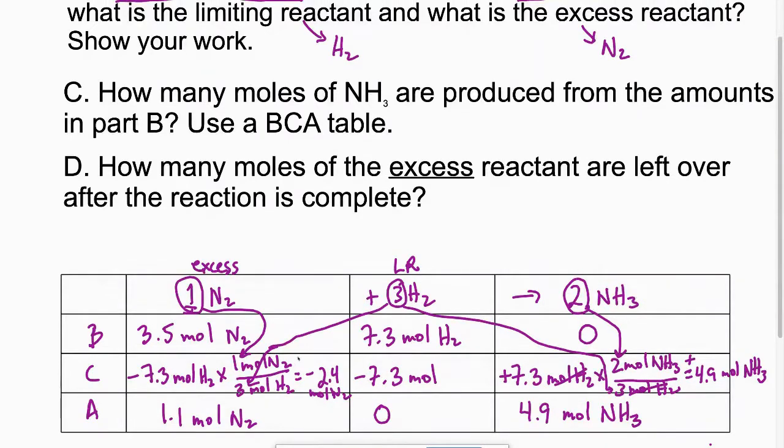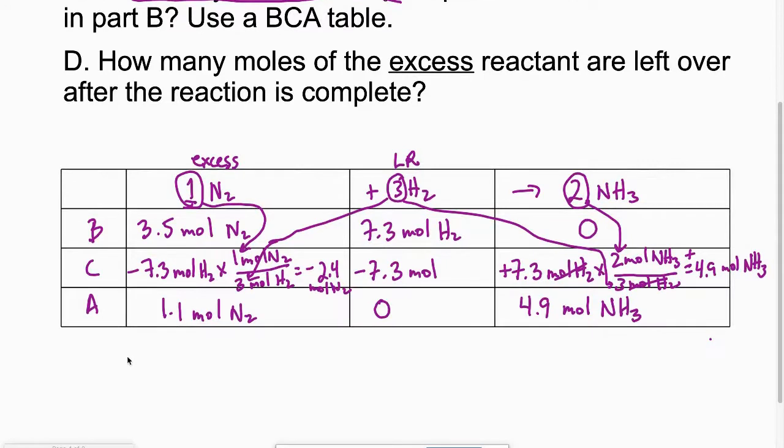So now that we've finished filling in the BCA table, let's go back to part C and write down our answer. It asks how many moles of NH3 are produced from the amounts in part B. That's shown in our BCA table. So for part C, we can see that we produced 4.9 moles of NH3.